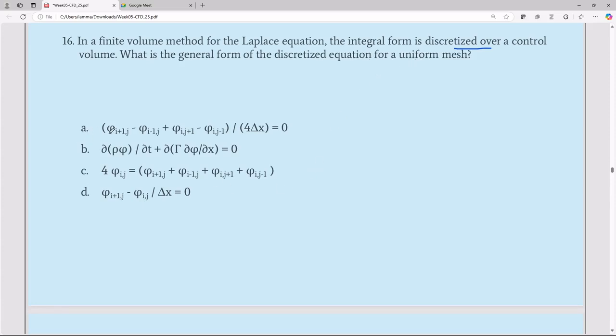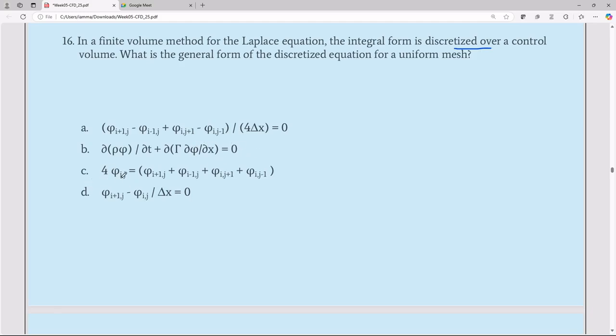Options are option A, phi at i plus 1 comma j minus phi at i minus 1 comma j plus phi at i comma j plus 1 minus phi at i comma j minus 1, the whole divided by 4 times delta x, is equal to 0. Option B, dou by dou t of rho phi plus dou by dou x of gamma times dou phi by dou x is equal to 0.